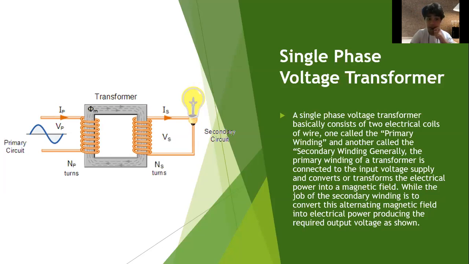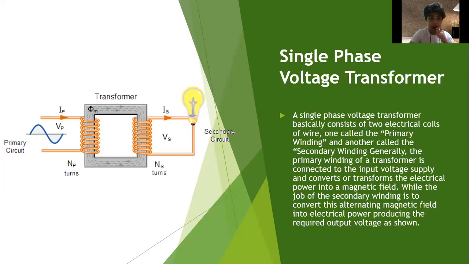Since the transformer is basically a linear device, a ratio exists between the number of turns of the primary coil divided by the number of turns of the secondary coil. This ratio is called the ratio of transformation, commonly known as the turns ratio.